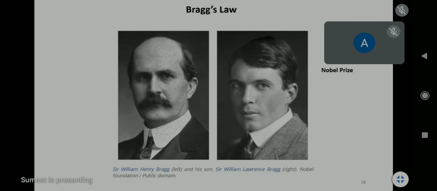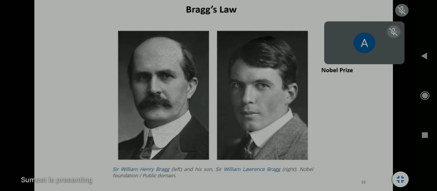The heart of X-ray diffraction, the main point from which you can learn the X-rays in a very good way, is Bragg's law, and this was named after this father-son duo.